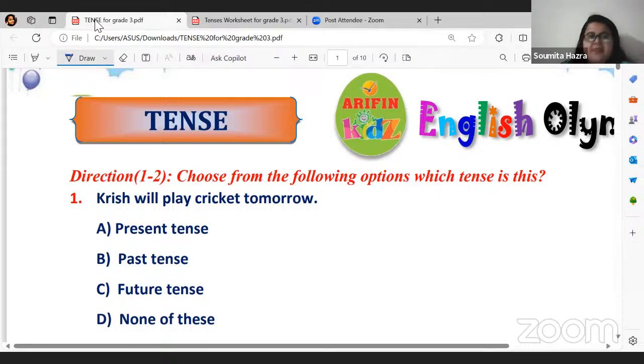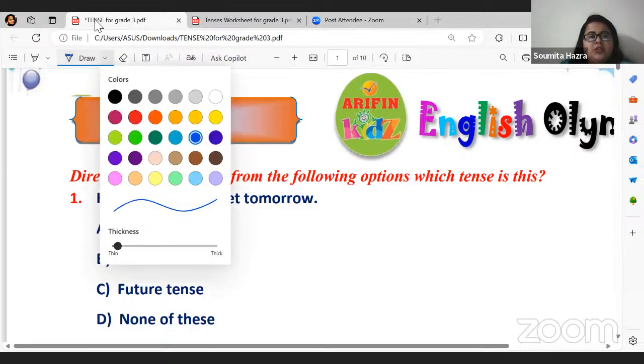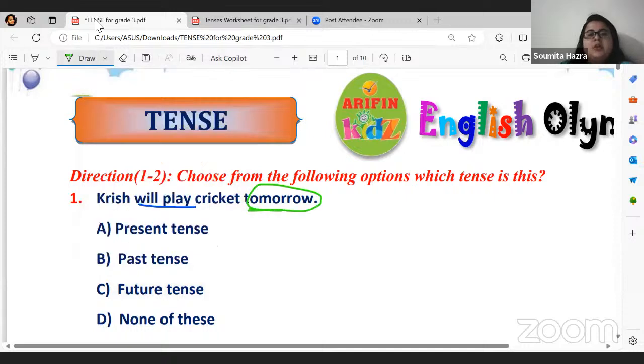Now, to understand that, whenever you get a sentence like this, first you need to focus on the verb, and second, you need to focus on the time frame, like this one, tomorrow. So when you read tomorrow, it means it will be happening tomorrow. It is not going to happen now, or it has not happened yesterday. So it will be happening tomorrow.